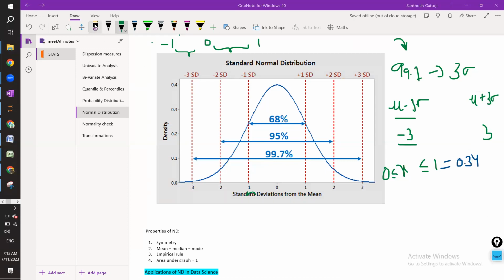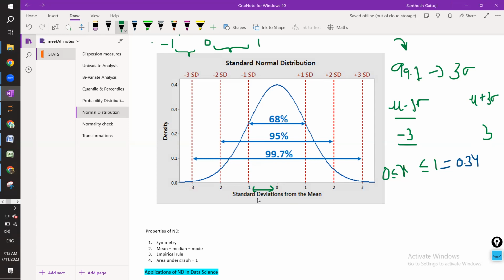Okay. Now, next what do we want? Minus 1 to 0. Agree? How will we get minus 1 to 0? Now, can you tell me if you understood 0 to 1? Minus 3 to 0, minus 3 to minus 1.